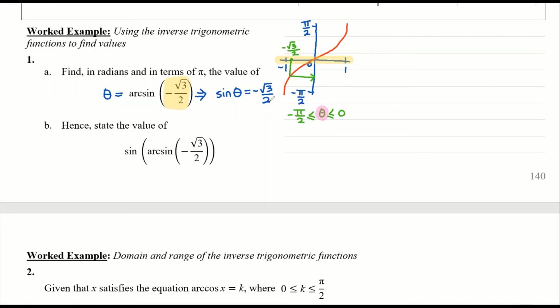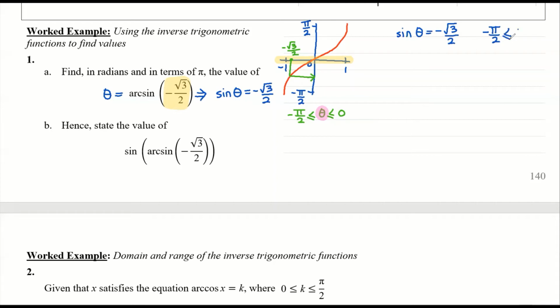Okay, so let's consider this. Suppose sine theta, I'll just write it up here again. Sine theta is equal to negative root 3 over 2. But remember that our theta is restricted.